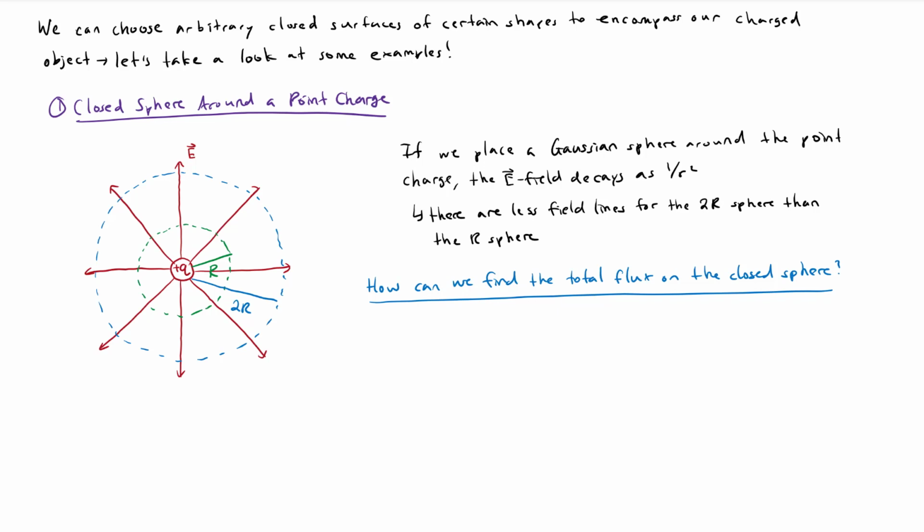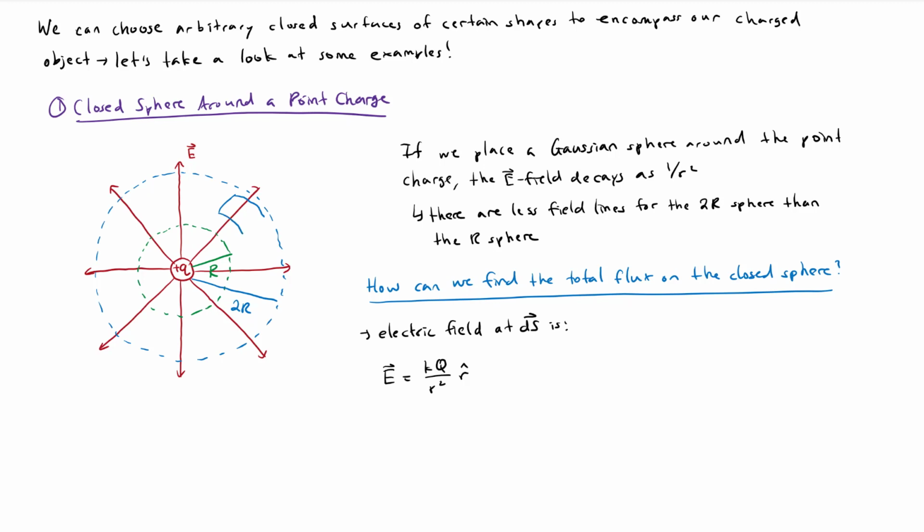So first, the electric field at every dS is going to be defined as E equals kq over r squared r hat. And just to explain this, I'm just going to use the 2r sphere as the example because it's bigger and I can draw a better diagram with that.